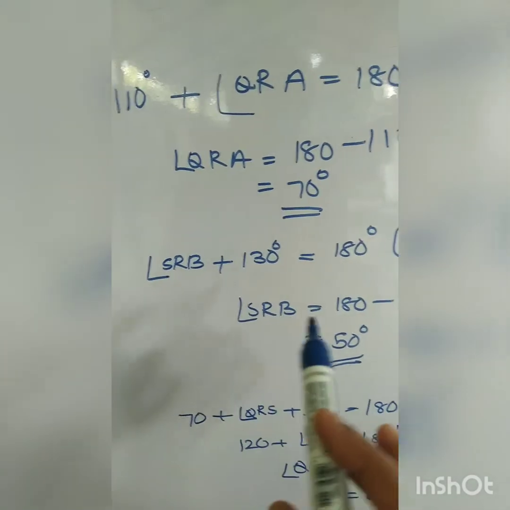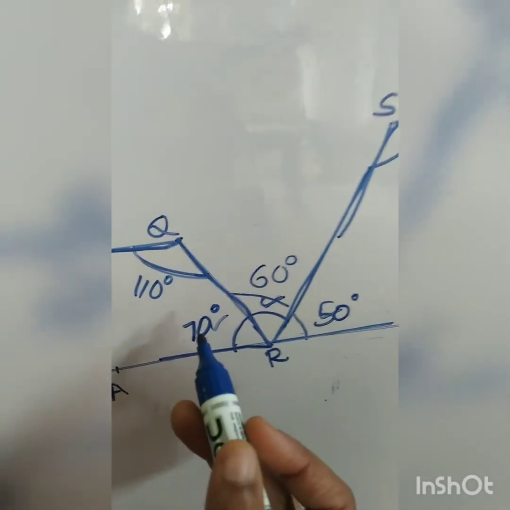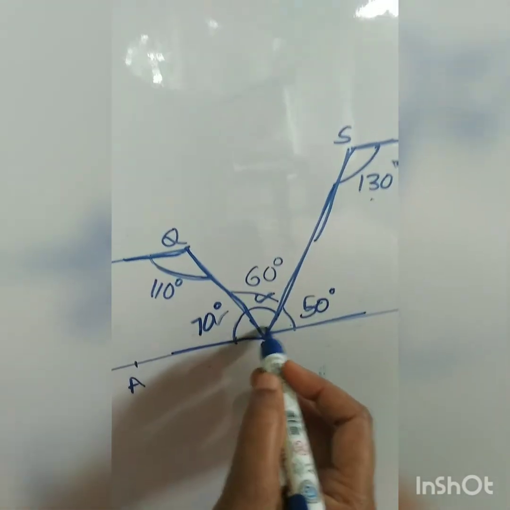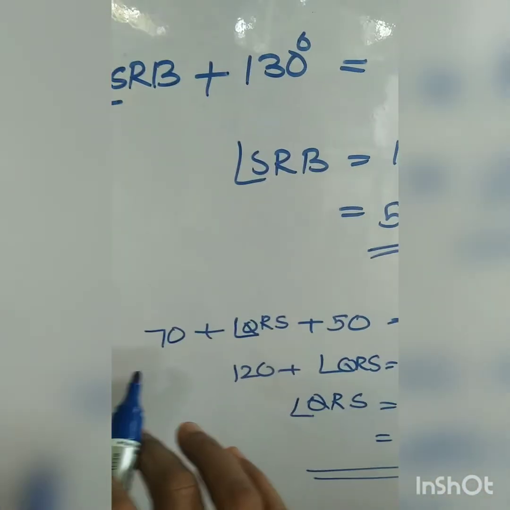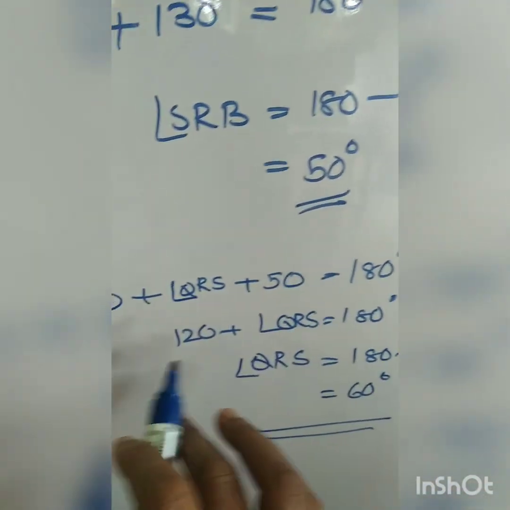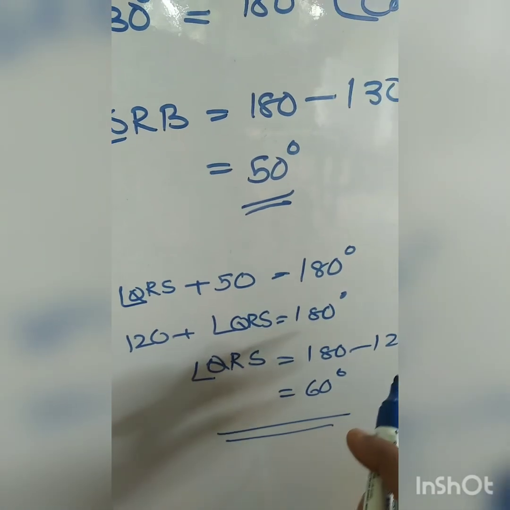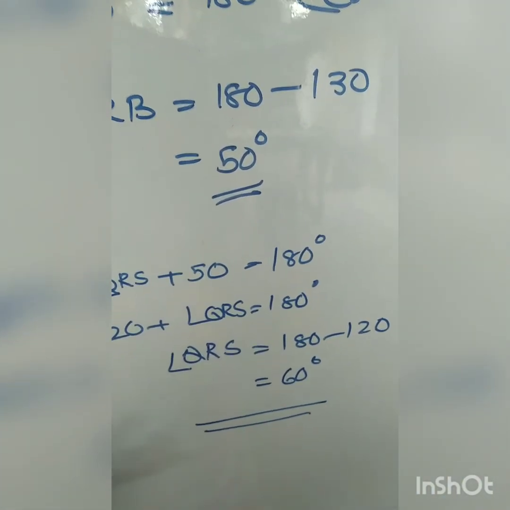So angle SRB is equal to 50 degrees. Now 70 plus QRS plus 50 is equal to 180 degrees. So QRS is equal to 180 minus 120, that is 60 degrees.